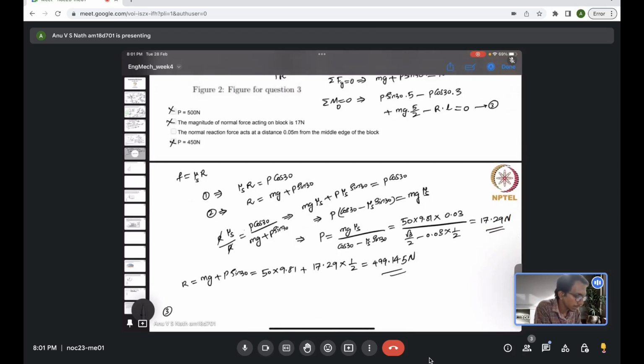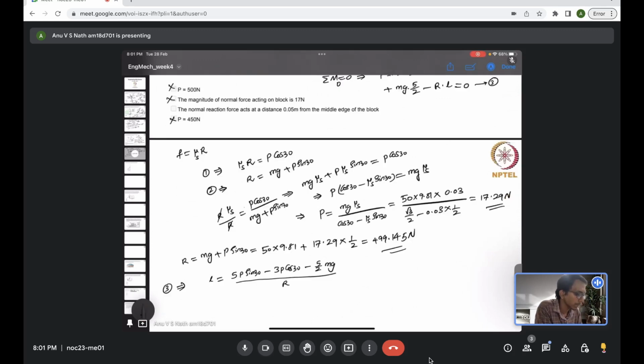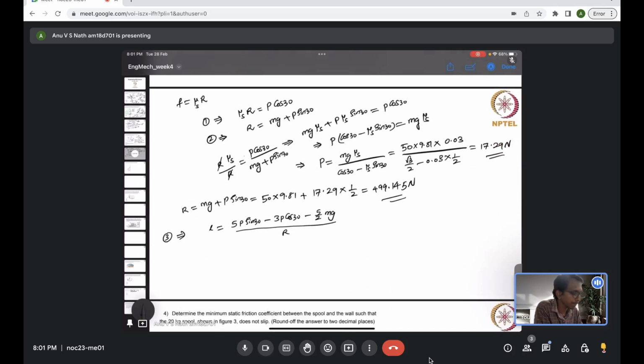From equation 3, we can write R times L equal to 5P sin 30 minus 3P cos 30 minus 5 by 2 mg, and the distance L, if you rearrange it, is evaluated by this expression.